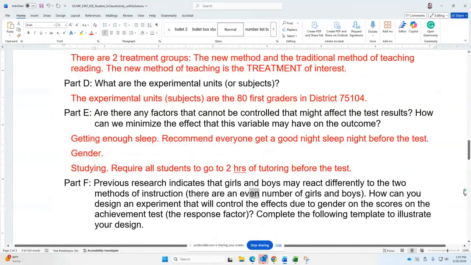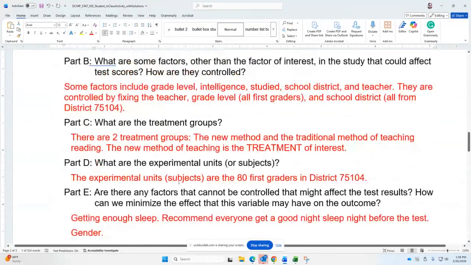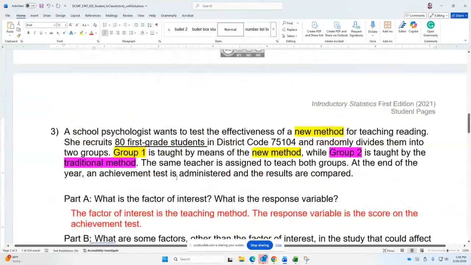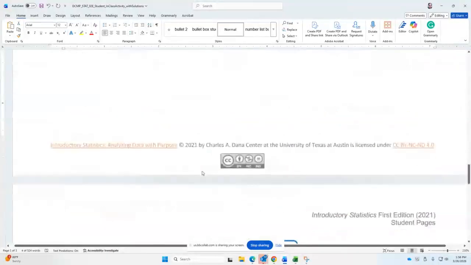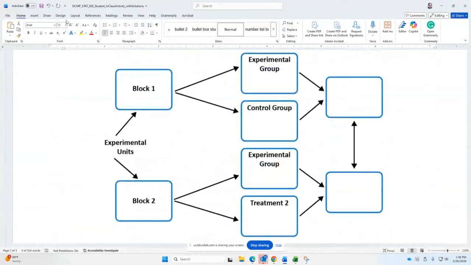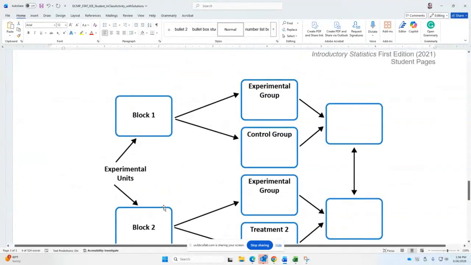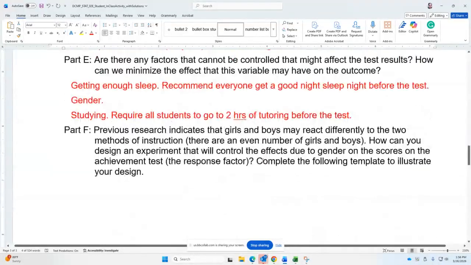Okay, equal, not even. So let's see. How many total students were there? There were 80, right? So if we want the equal amount, how many students would I need in the first block and how many in the second block, if we want to test the effect due to gender?